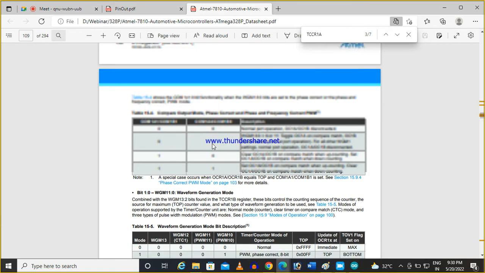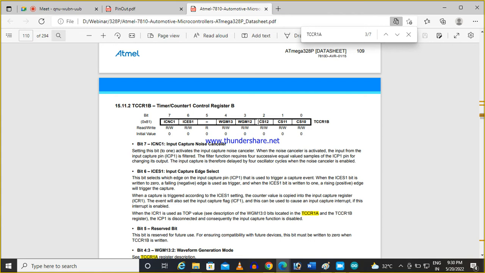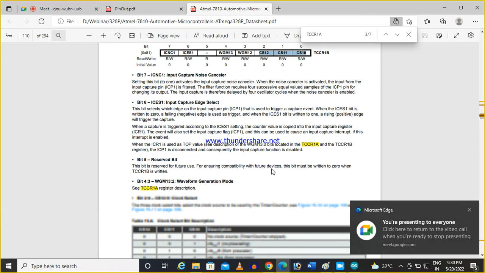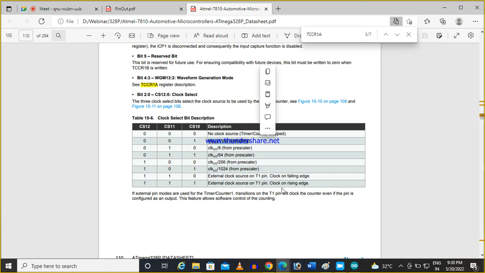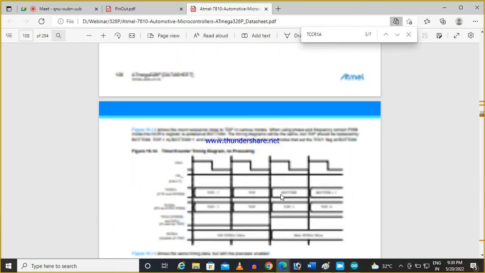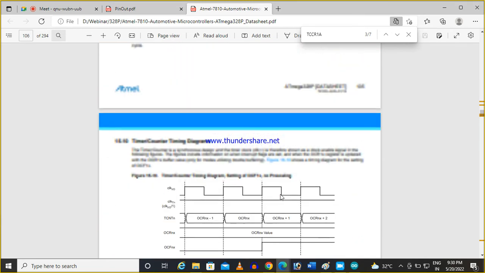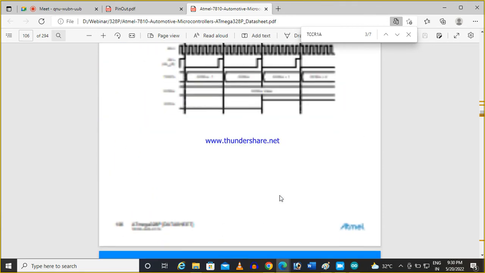You see, in this register B, these 3 bits are the prescaler bits. So prescaler bits 001 means no prescaling, meaning the clock is divided by 1, same as it is. So now if you see the formula for PWM, this is the timer counter.